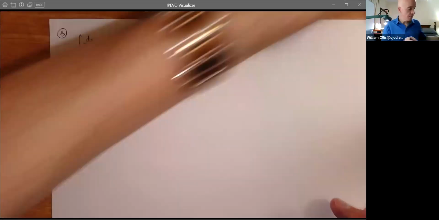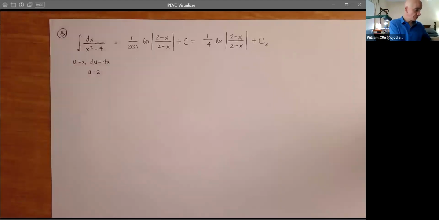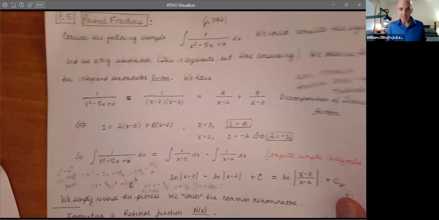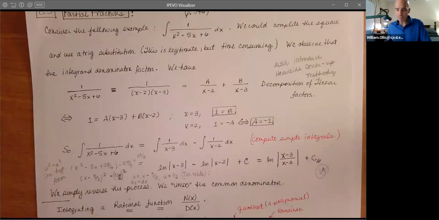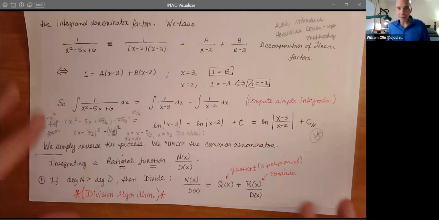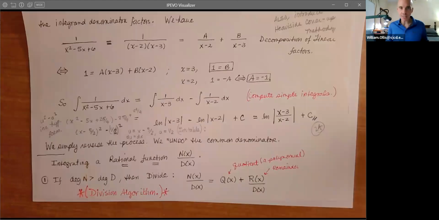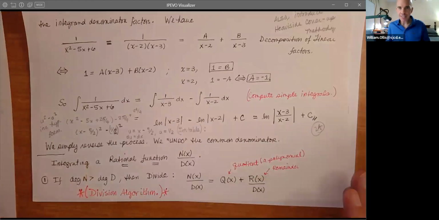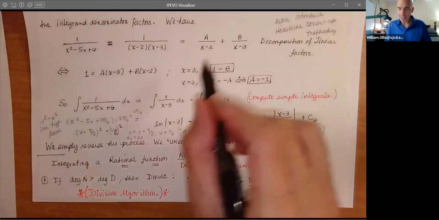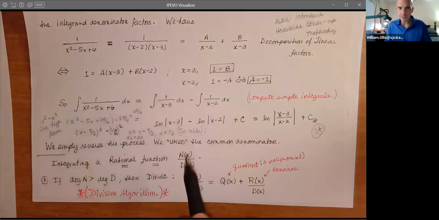Now, in the general case, and let me give you the general case here. When you think about, and this is from the lecture notes that I have posted online, when you think about a rational expression, ladies and gentlemen, and I did the same thing up here as another type of exercise.